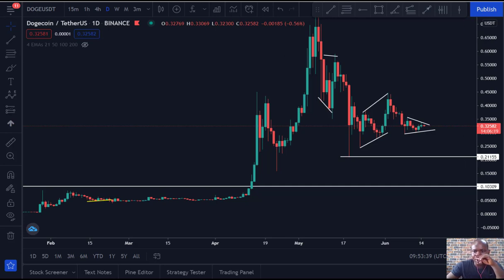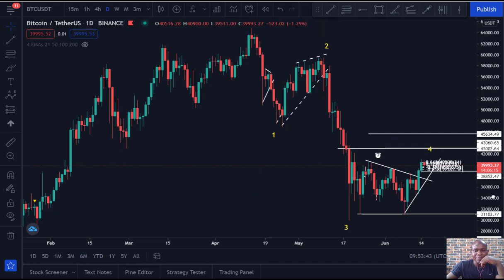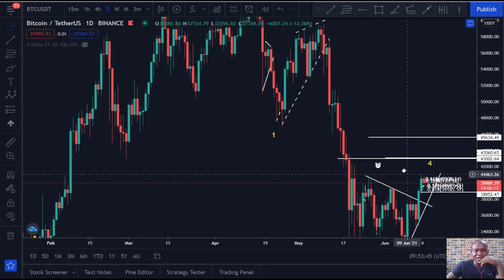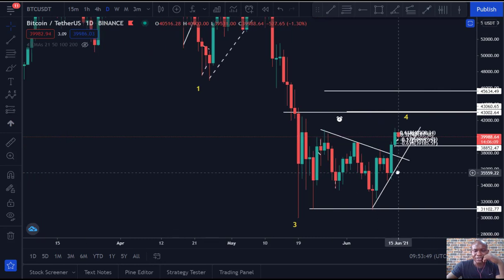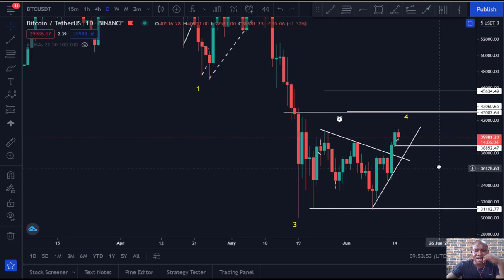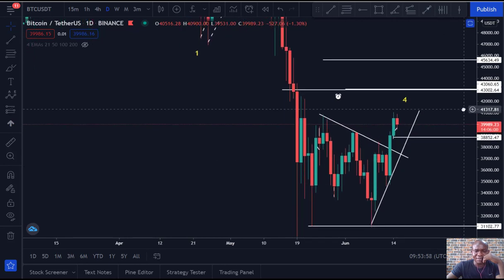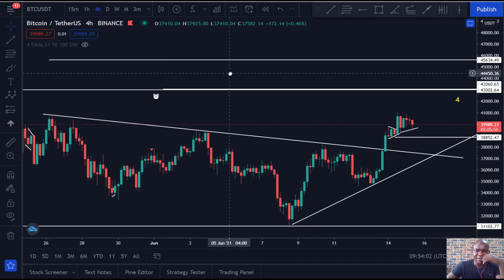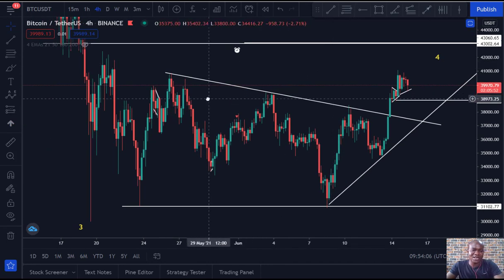Okay, so let's take a look at Bitcoin, guys. As I updated you guys yesterday, I've taken my profits on the Bitcoin chart, and just because of how the chart is developing, the market is kind of undecided. Now if you ask me, the Bitcoin chart is kind of undecided now, because there are waves we've seen.